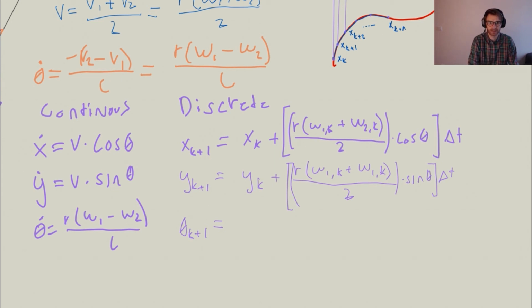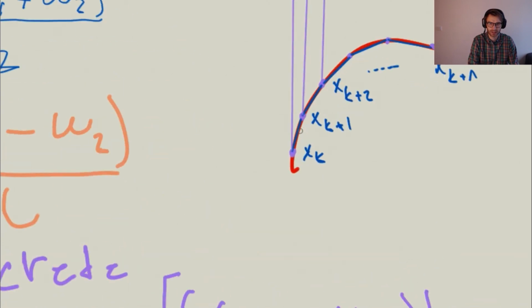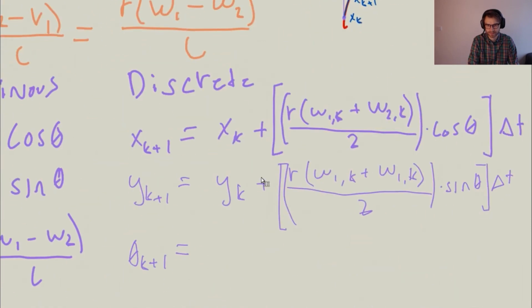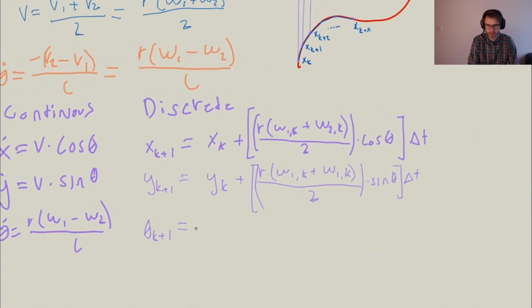Where is it headed to? So here the heading is changing to the right in each time step. So here we have theta k, the current heading.